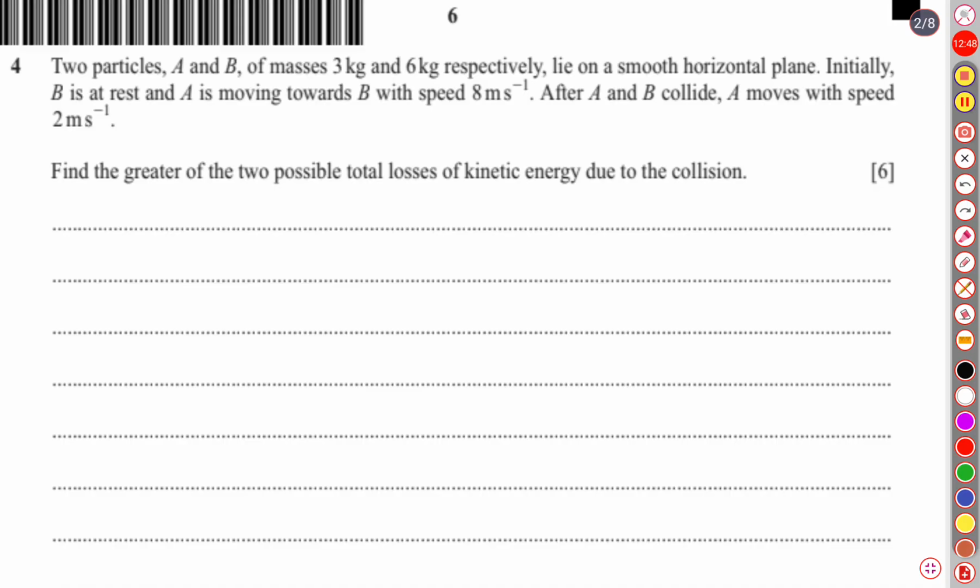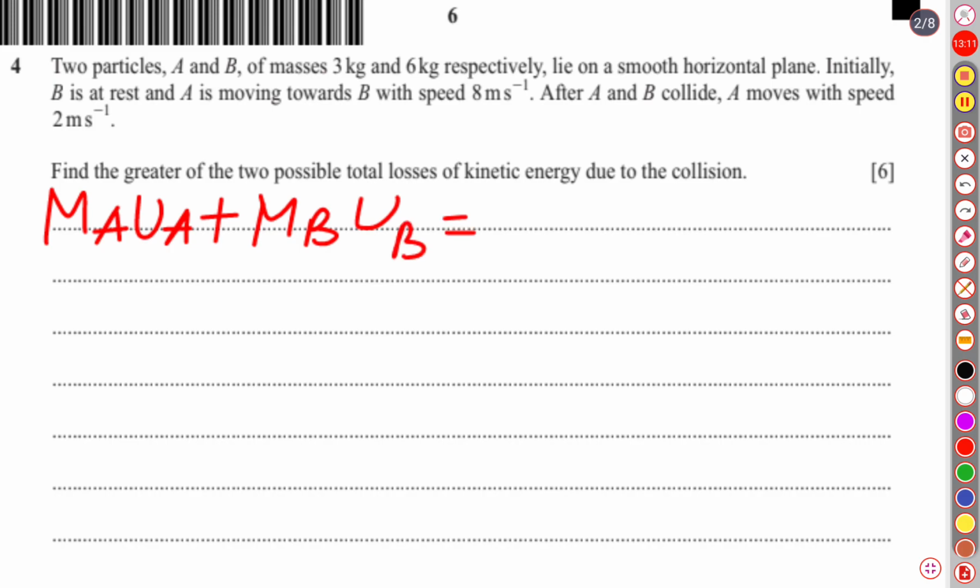We apply the conservation of momentum: mass of A and velocity before collision of A, plus mass of particle B and velocity of B before the collision, equal to mass of particle A and velocity after the collision plus mass of particle B and velocity of B after the collision.